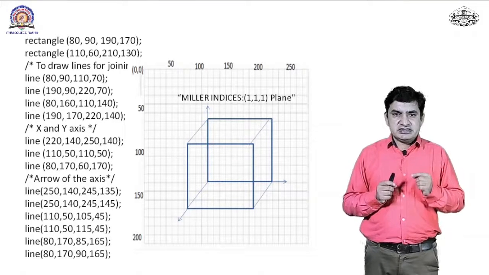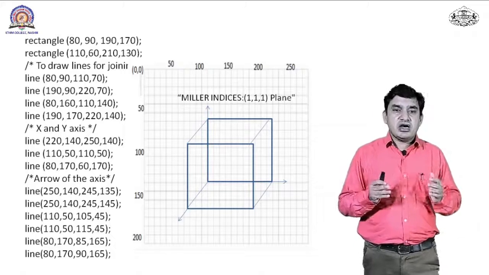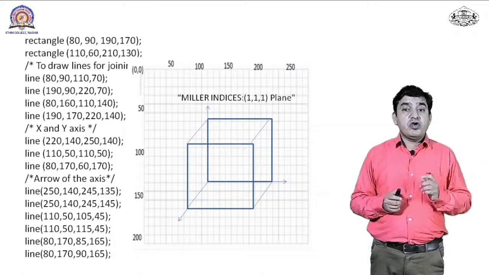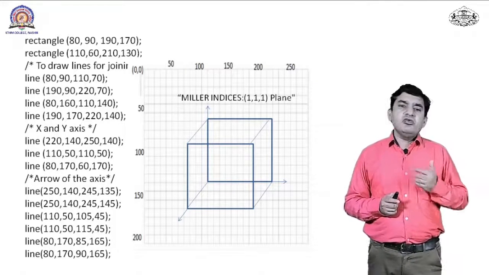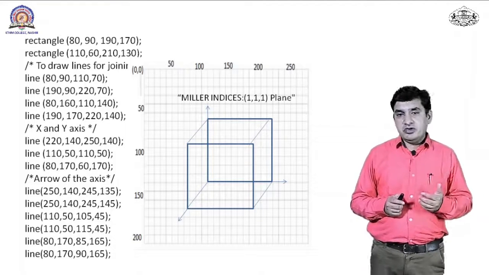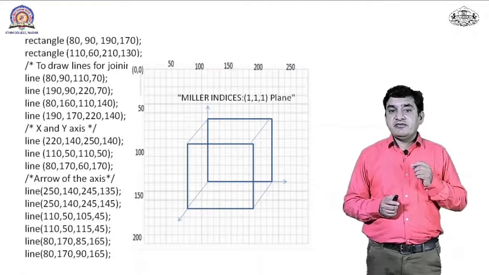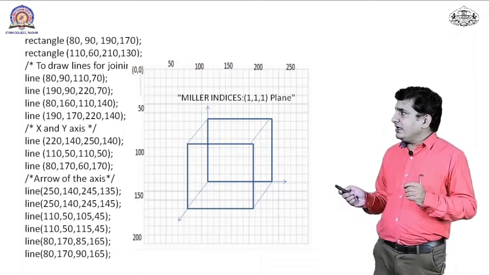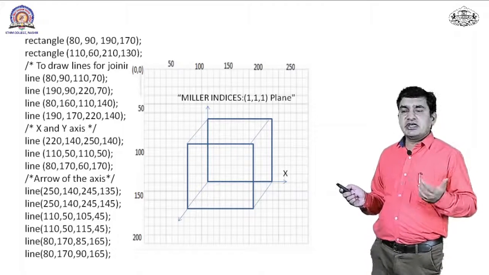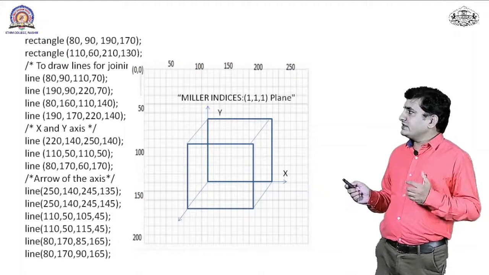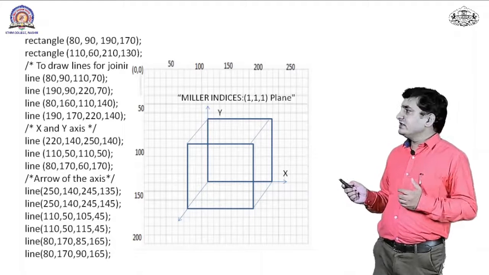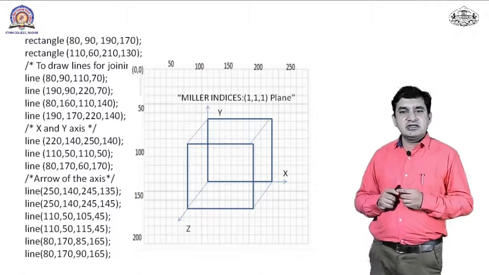So, these all are the arrows of the axes. Now, we have to give names to the axes. First is the x axis, second is the y axis, third is the z axis.